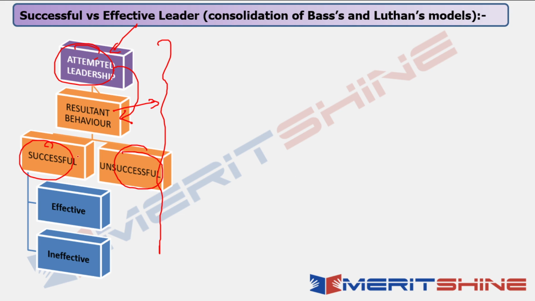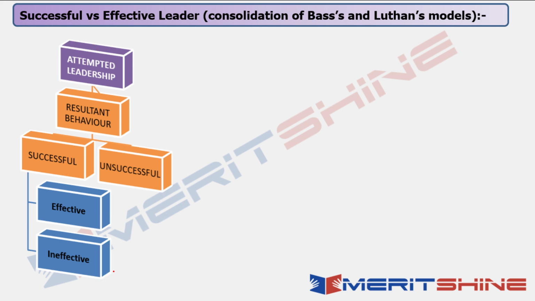Now, if it is successful, there can be two kinds of successful resultant behavior. One is effective, another is ineffective. From this consolidation you would have an idea that an effective leader and a successful leader are not always the same. I mean, a successful leader is not always effective. You know this now from this diagram.